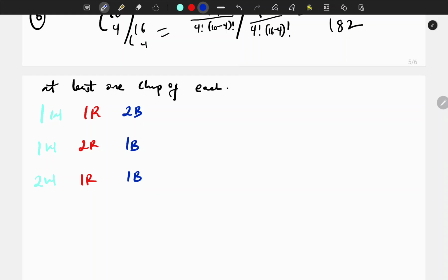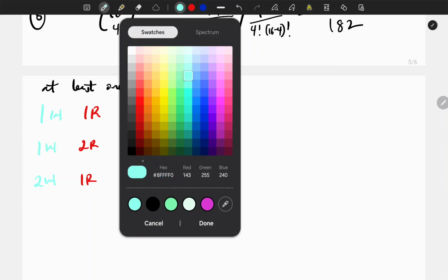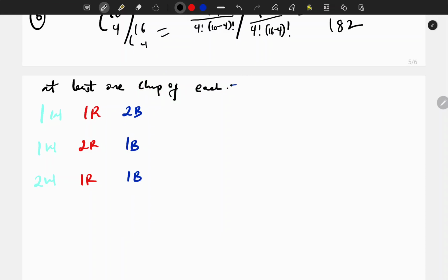So now for the probability, we make this event A. The probability of A will be equal to, by the first one, how many whites do we have? We have 7 whites, so 7 pick 1. How many red? 6 red, pick 1. How many blue? 3 blues, pick 2.